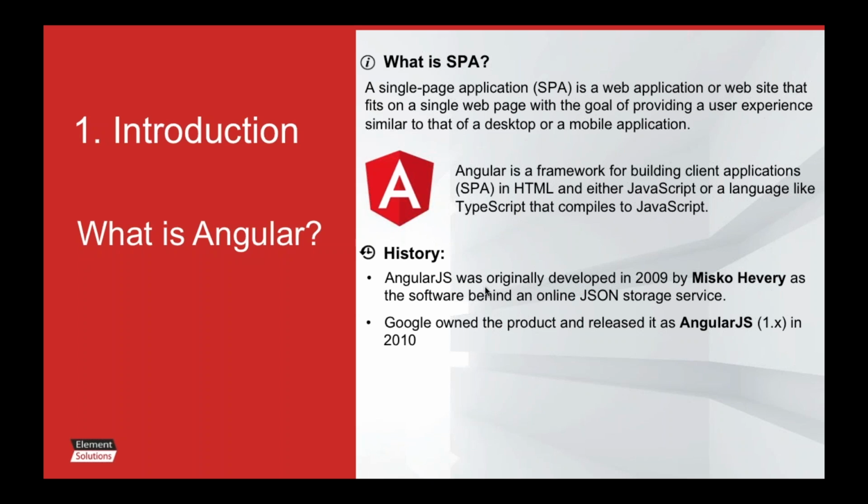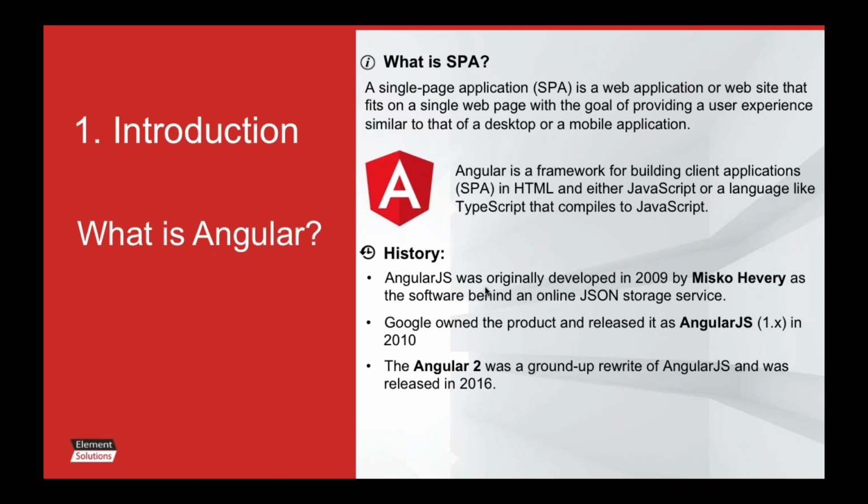Once Google launched this, people were very much attracted to it and they started using it at a very high level. But the Google team was not happy with the performance of the AngularJS framework. That's why in 2016, they rebuilt a new framework right from scratch and called it Angular 2. It is completely different from AngularJS.